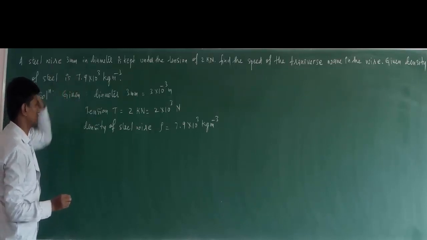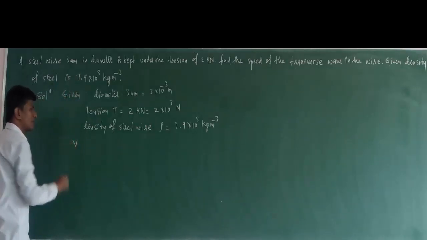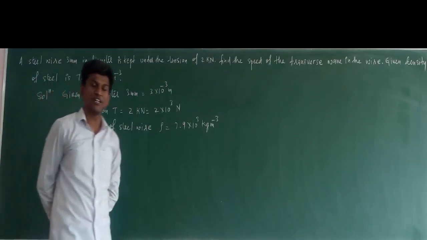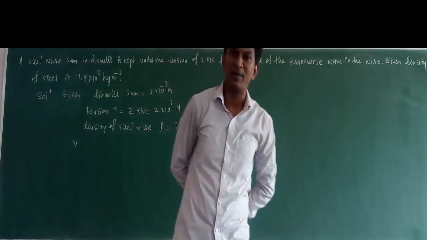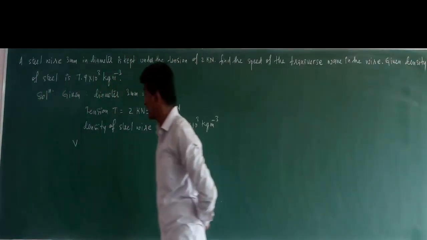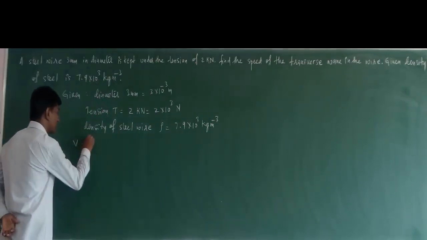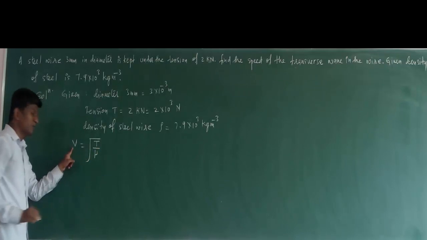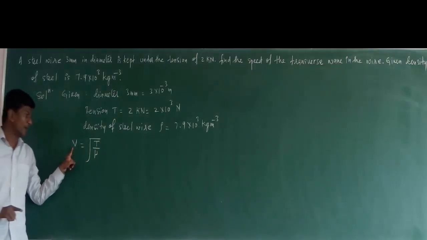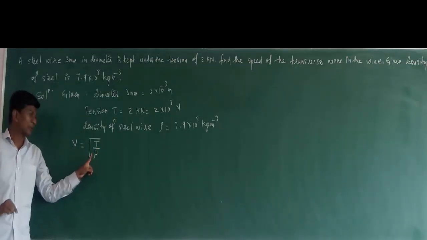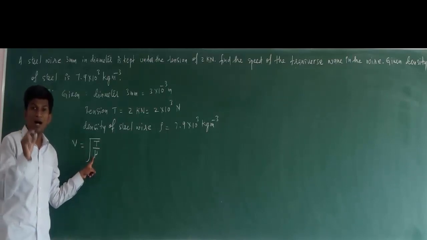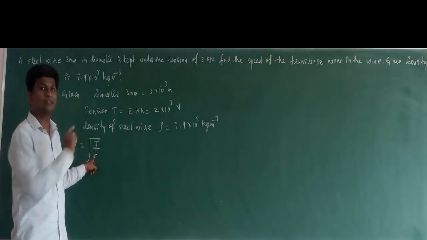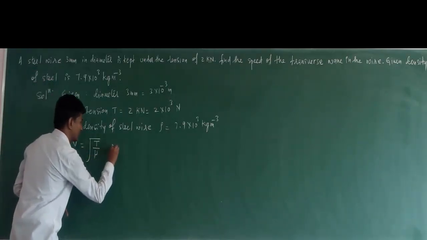The velocity of the transverse wave in the string has two formulas. One formula is V equals root of capital T divided by mu. This formula is used when mu is given to you, where mu stands for the mass per unit length of the wire.